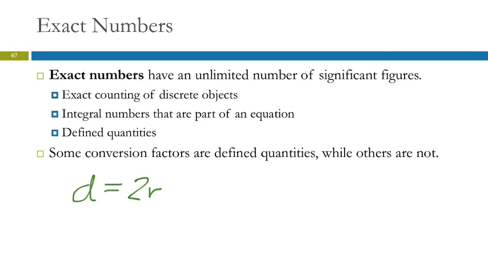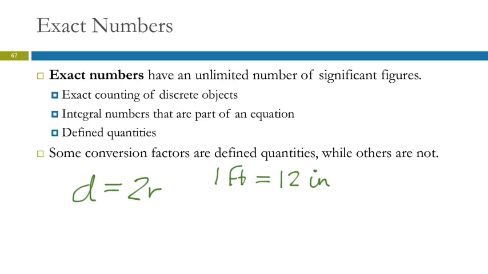So the ones we run into here the most are going to be conversion factors. Some conversion factors are defined quantities, others are not. If we look at 1 foot equals 12 inches. That is exact, because within the English system, they have defined that 1 foot is equal to 12 inches.